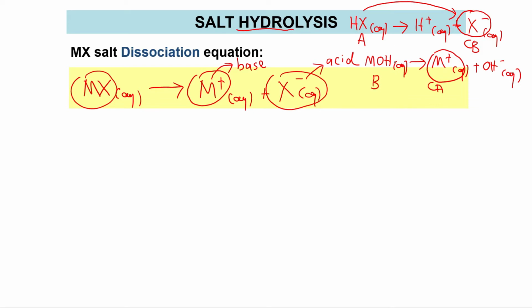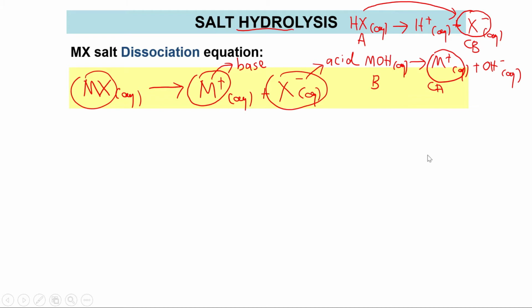So the cation formed from the dissociation of a base is the conjugate acid of the base. So the cation of a salt always comes from a base. Please remember that, because we are going to use this later on when we do the salt hydrolysis process.